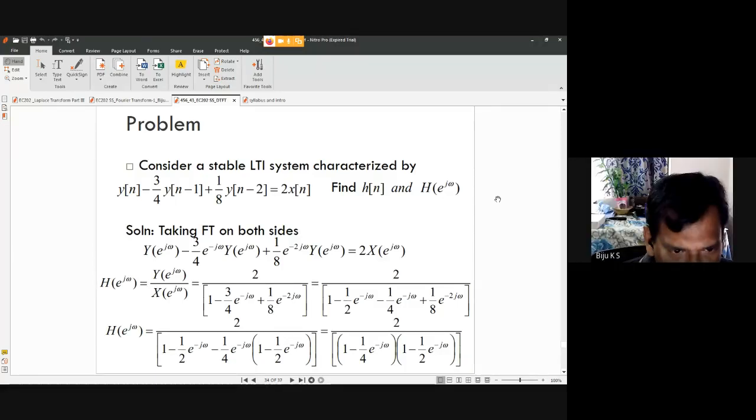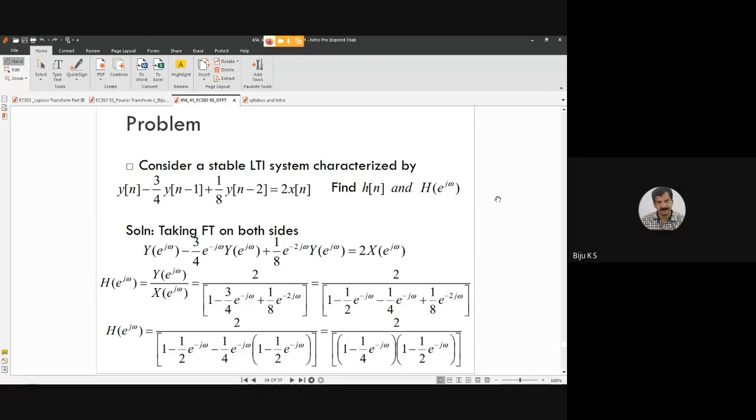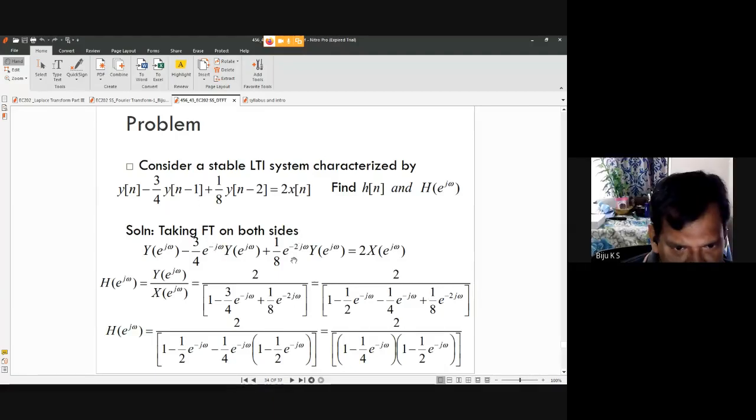Okay. So the thumb rule is, if they ask for H of e raised to j omega, you take the Fourier transform of both sides. Y of e raised to j omega minus 3 by 4 e raised to minus j omega. This is the delayed form, e raised to minus j omega. If it is a two-delayed form, it is e raised to minus 2 j omega.